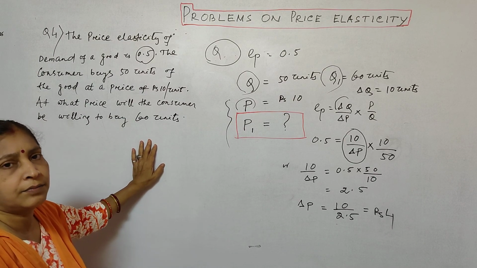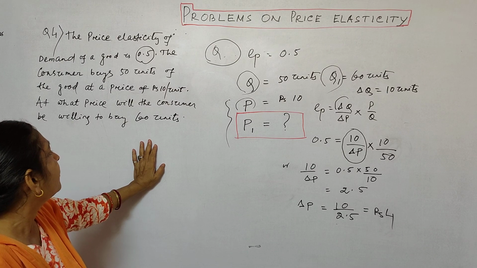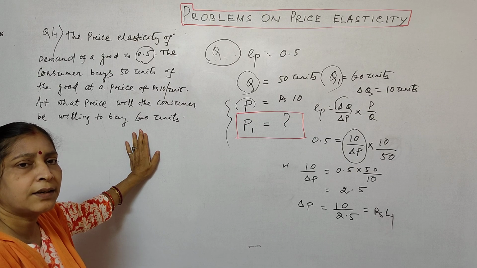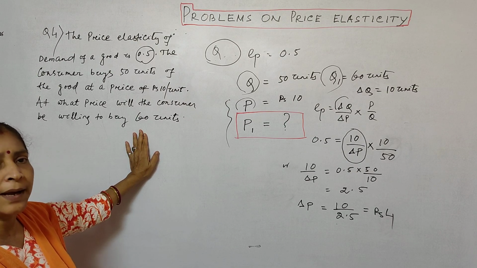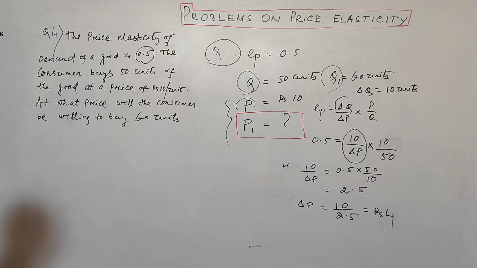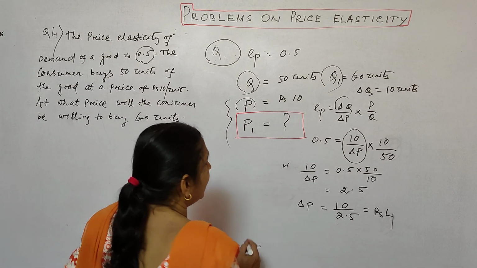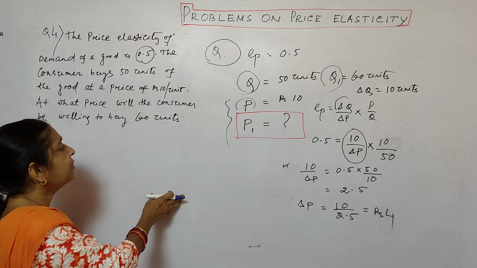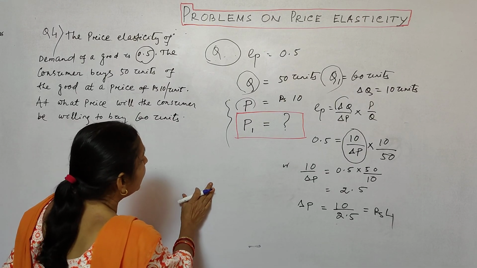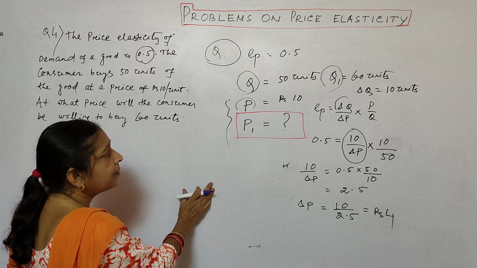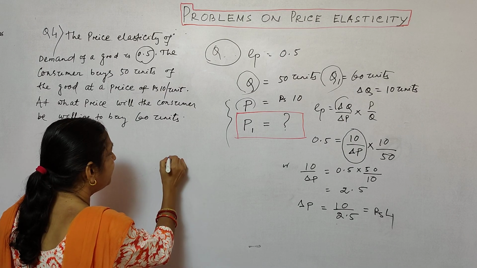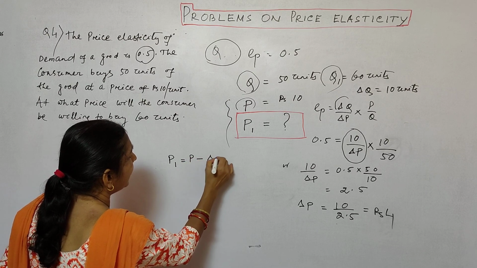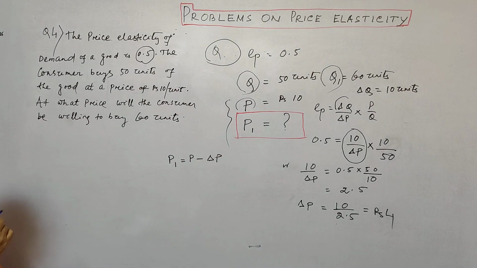According to the law of demand, the quantity purchased increases when there is a fall in price. So in this case, obviously there is a fall in price. Due to the fall in price, the quantity purchased by the consumer increased. So what will be the final price? That means P1 equals P minus delta P.